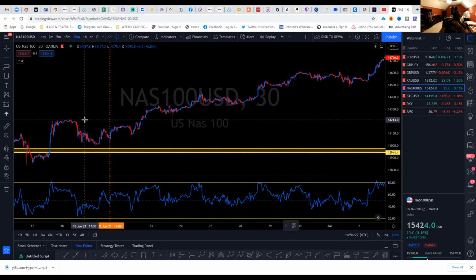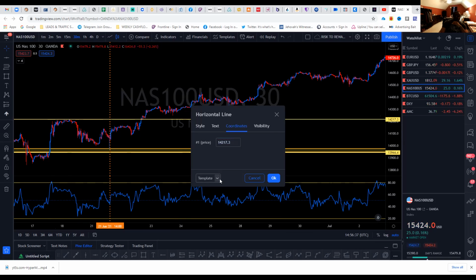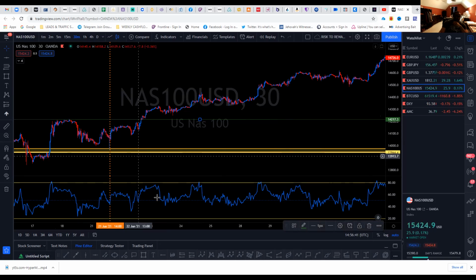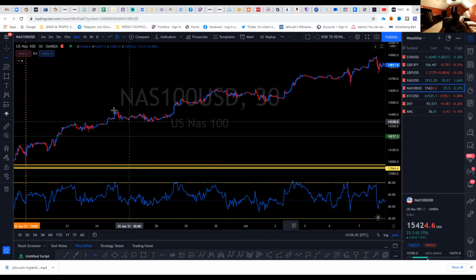Yeah, let's see, I'll put it here because there was some wick action here. So we'll change this to green. And we have this here.